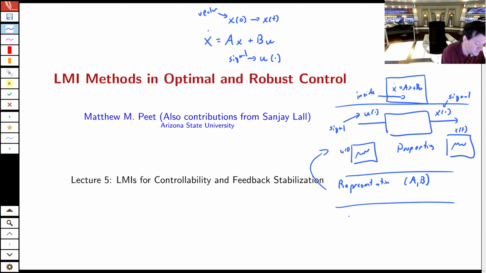So we'll put that under optimization. And in particular, is there a positive matrix which allows us to characterize properties of this relationship?